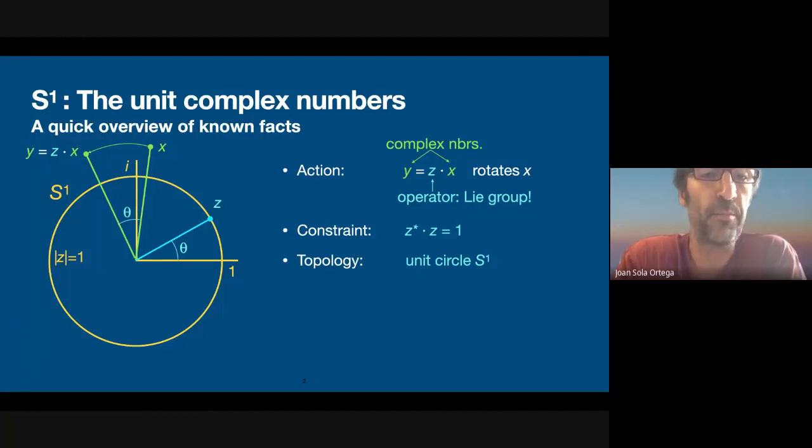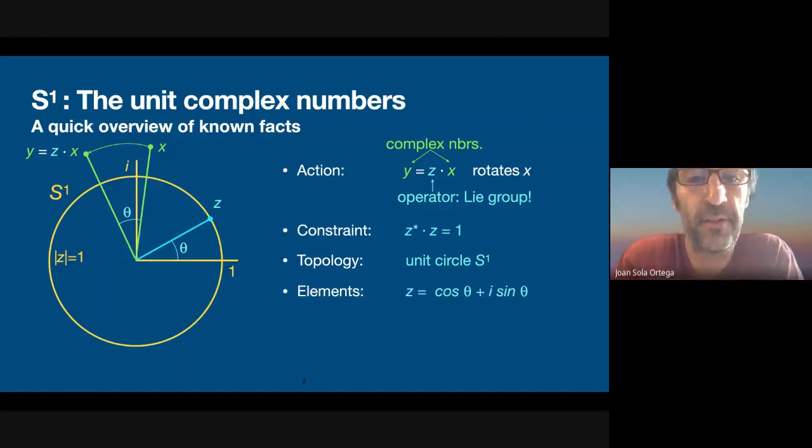So we can say the topology of this set of unit complex numbers is a circle. And we call this circle S1 because it's an abstraction of a sphere whose surface is one-dimensional. So this is the sphere of dimension 1. It's the unit circle.